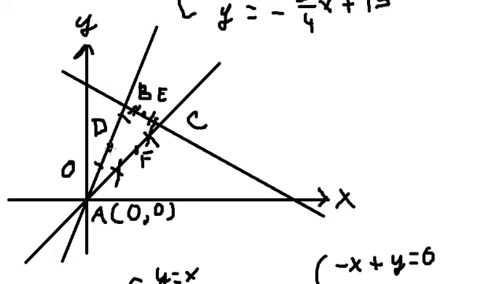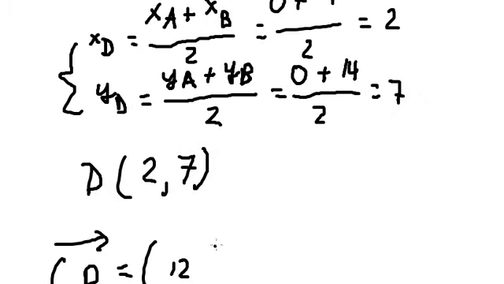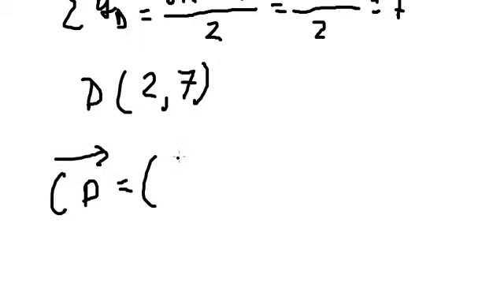Because we want to find the medians, so C in here connects to D, and we can find the median CD. So we need to find vector CD. That is 12. 2 minus 12 in here, and 7 minus 12.